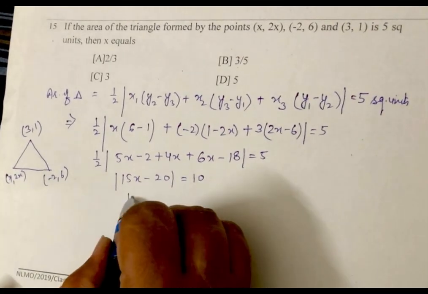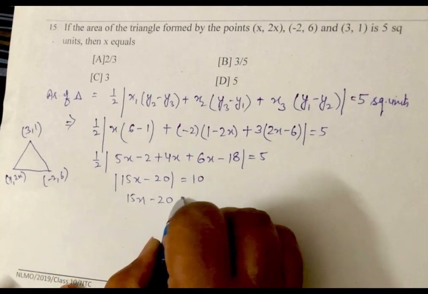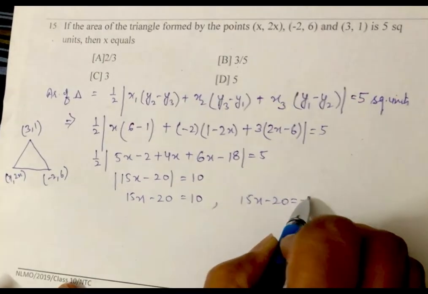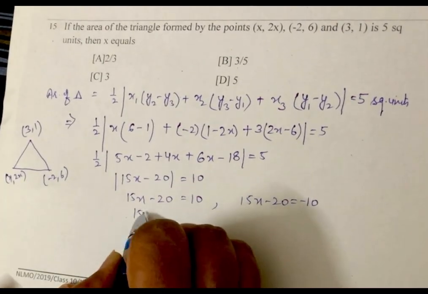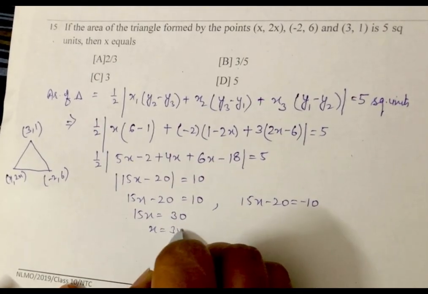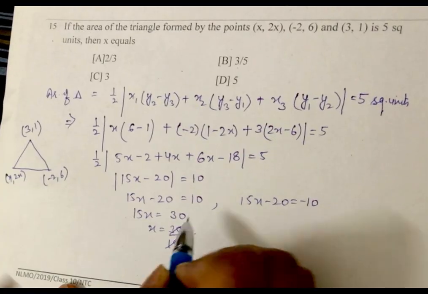Now remove the modulus sign. We have two values. This is equal to 10, or 15x minus 20 equal to minus 10. So taking 10, we have 15x equal to 30. So x becomes 30 by 15, that is 2.